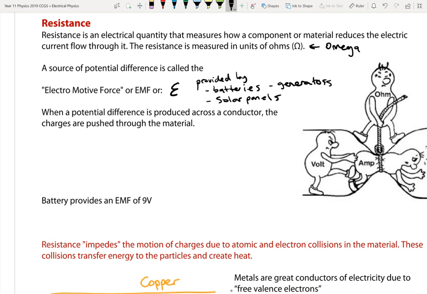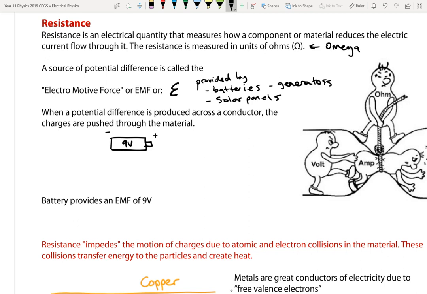I'm going to draw my battery in first. So now here is a 9-volt battery. We would say that it provides an EMF of 9 volts. You could also say that the potential difference across the battery is 9 volts.